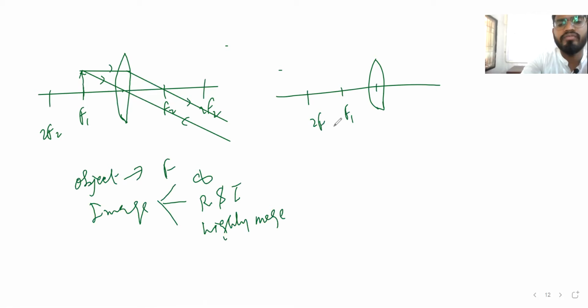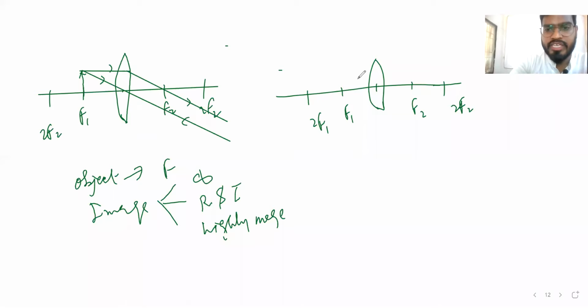Next we are going to see F1, 2F1, F2, 2F2. Okay, suppose the object is here, let's take another color. Now we can see a ray of light parallel to the principal axis will pass through the focus, right?